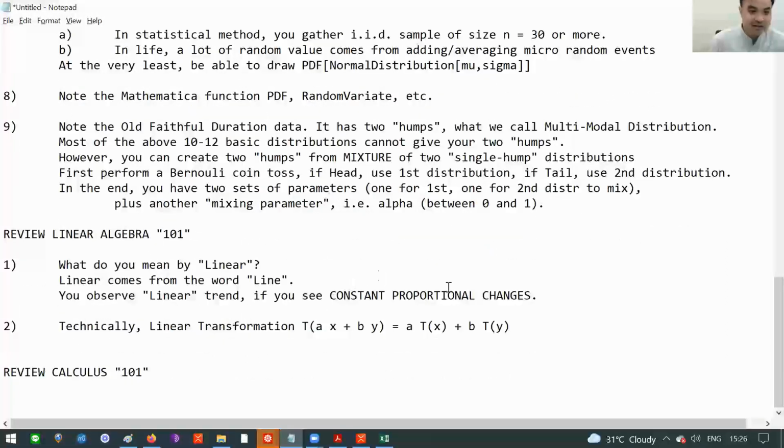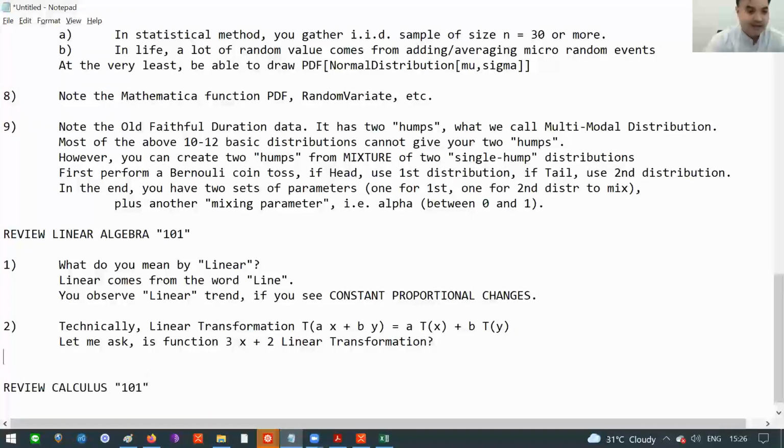Now, this is where I want you to pay attention, even if you've done really well in high school in linear algebra. My question is, is function 3x + 2 a linear? Who thinks yes, who thinks no?